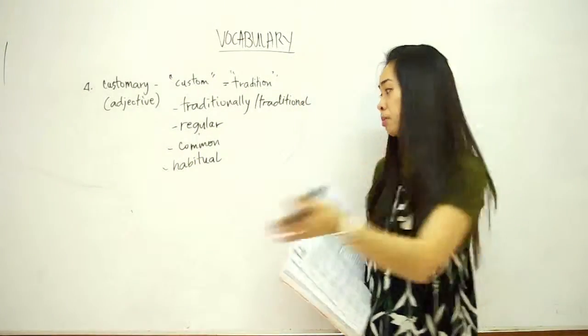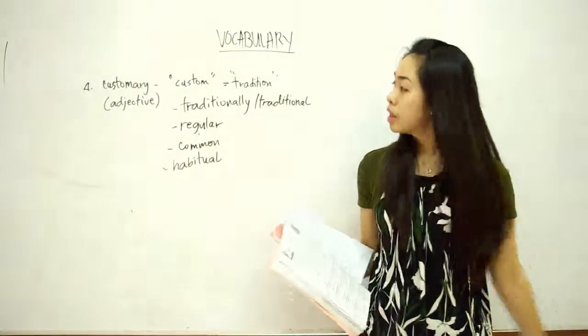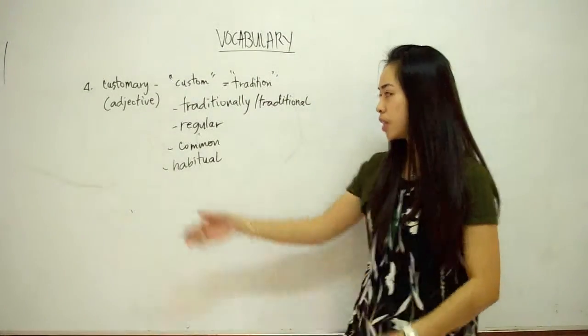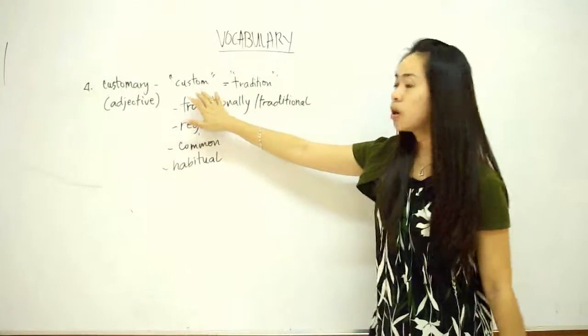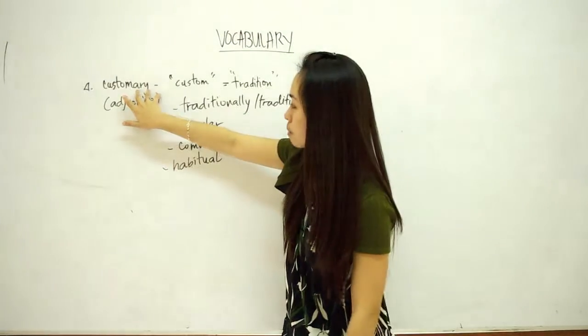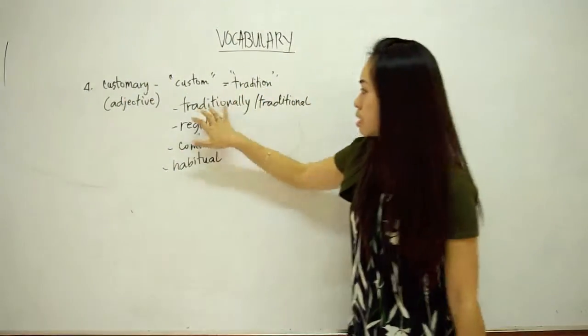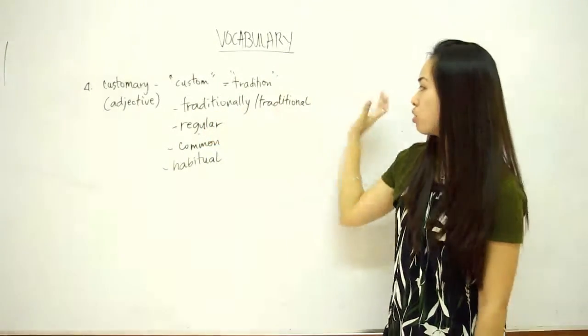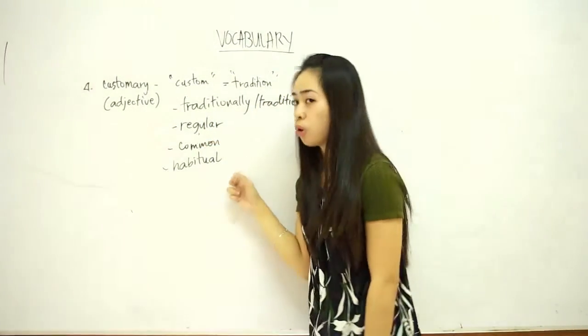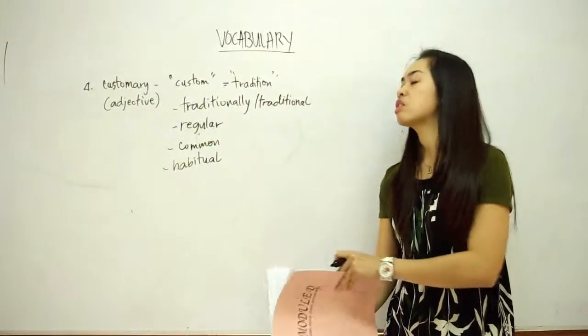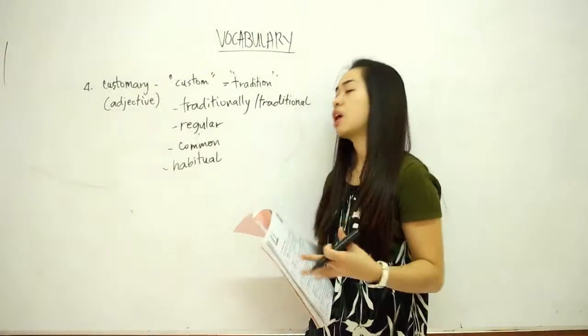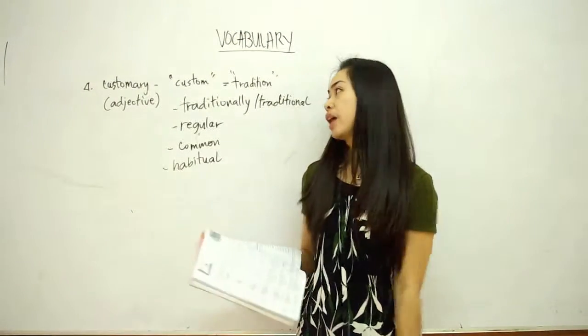If I can still remember, we already had this word habitual. So again, when we say customary, it acts as an adjective. From the word custom, it added the suffix "ary", so it means tradition. It means something that is traditional, regular, common, or habitual. So it's not new anymore. You're doing this most of the time, like your daily routine.